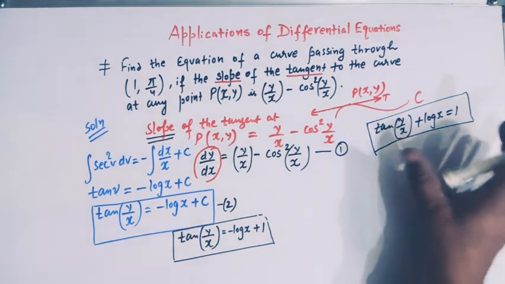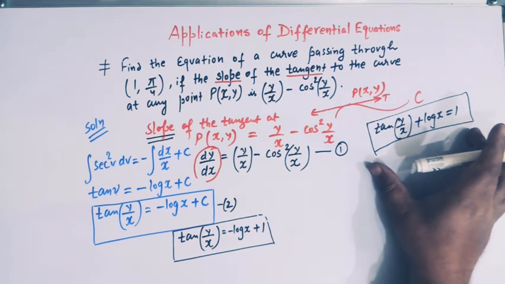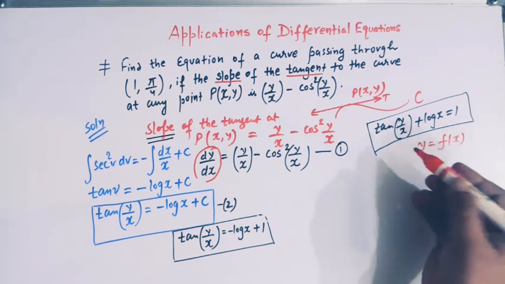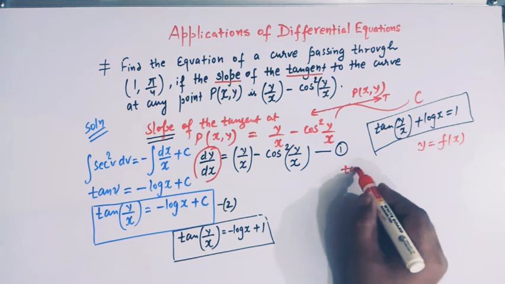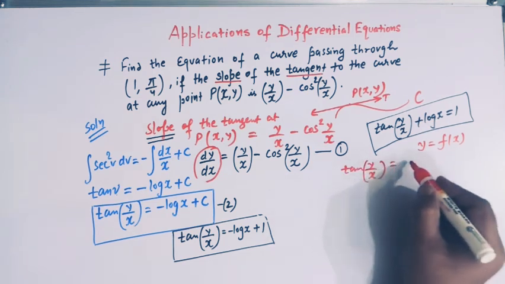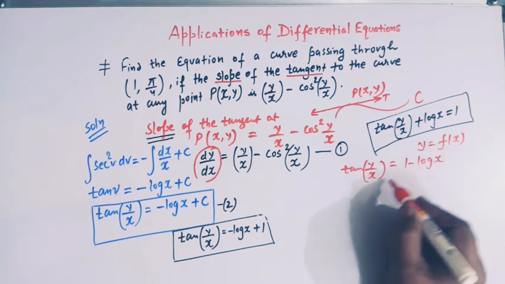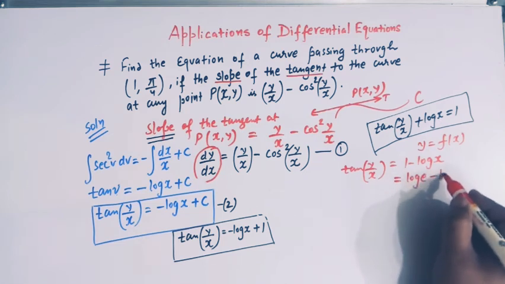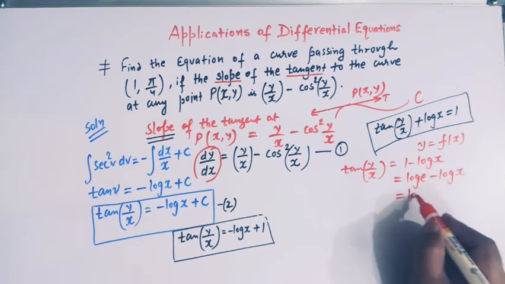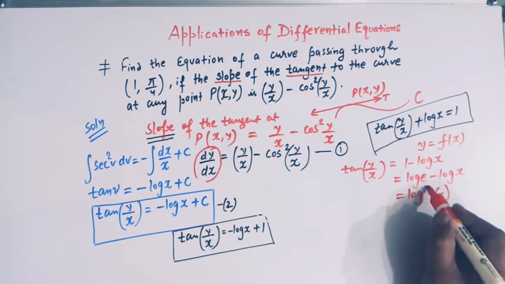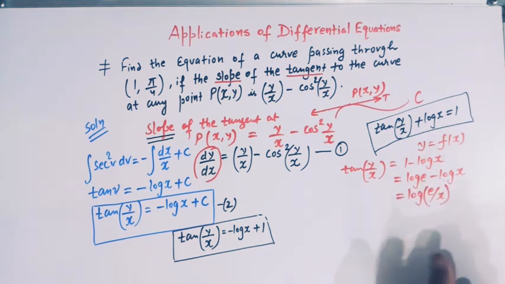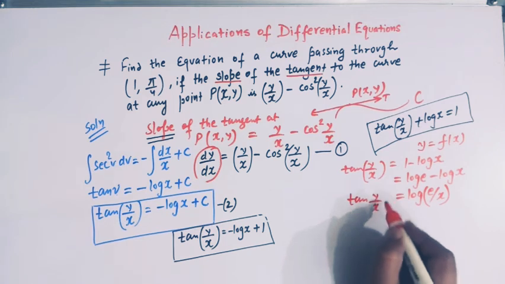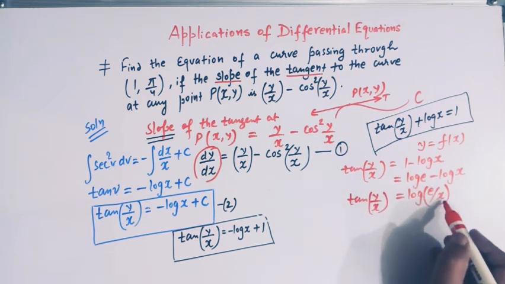Now we can also express this equation in the form of y is equal to f of x, right? How? Let us see. So we can write tan y over x is equal to 1 minus log x, and this 1 can be written as log e minus log x. So this can be written as log e over x by making use of the properties of log. So tan y over x is equal to log e over x, right?